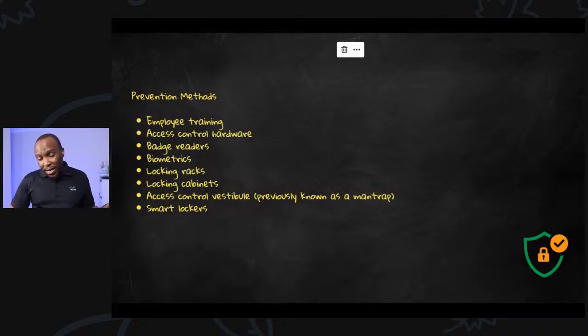If the fingerprint was not read properly, because I bite my fingers, sometimes I used to have issues getting my fingerprint read. And if the fingerprint is not read, you can't get access to the room. So having multiple forms of verification to provide access would help in protecting your network.